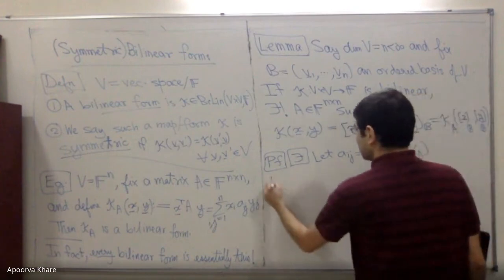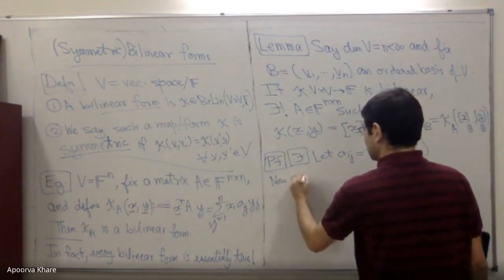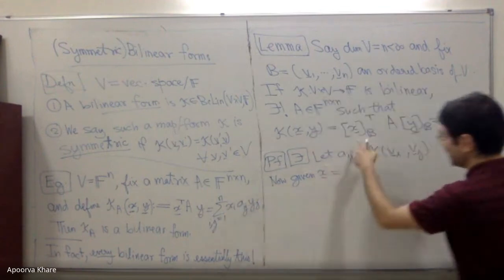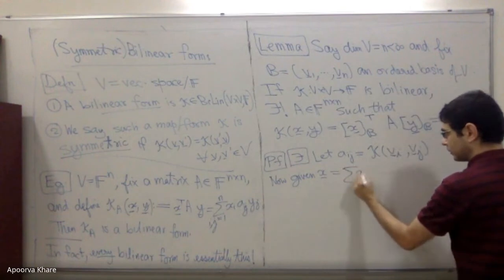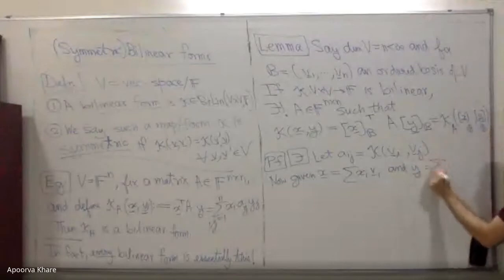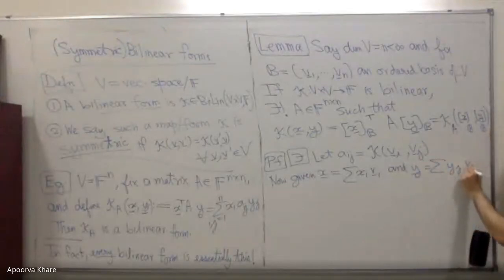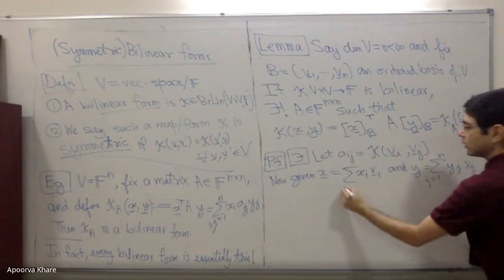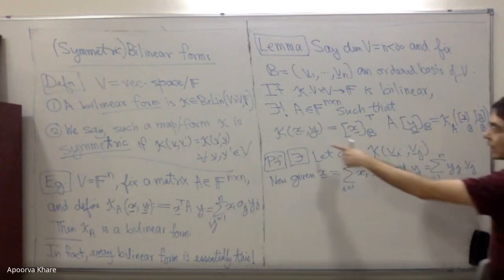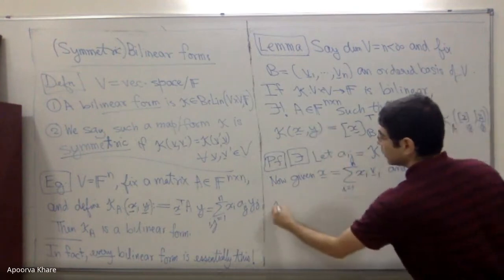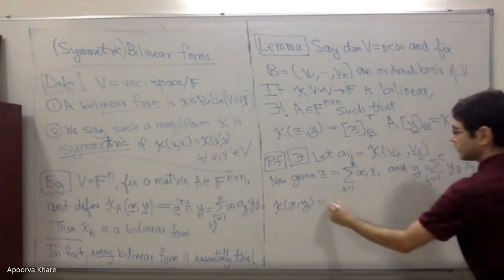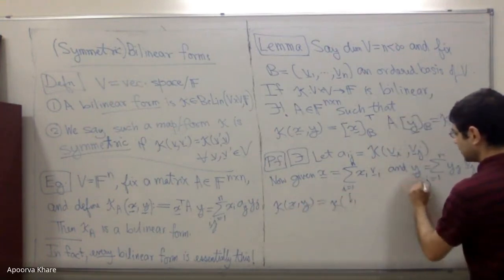So now, given x, which is the coordinate, instead of saying x is summation xi Ei, I'm going to write it in this basis. So it's summation xi Vi and y equals summation yj Vj, j equals 1 to n, i equals 1 to n. What do we get? Now let's calculate kappa of x, y. Well, this is kappa of summation this thing, and then summation that thing.